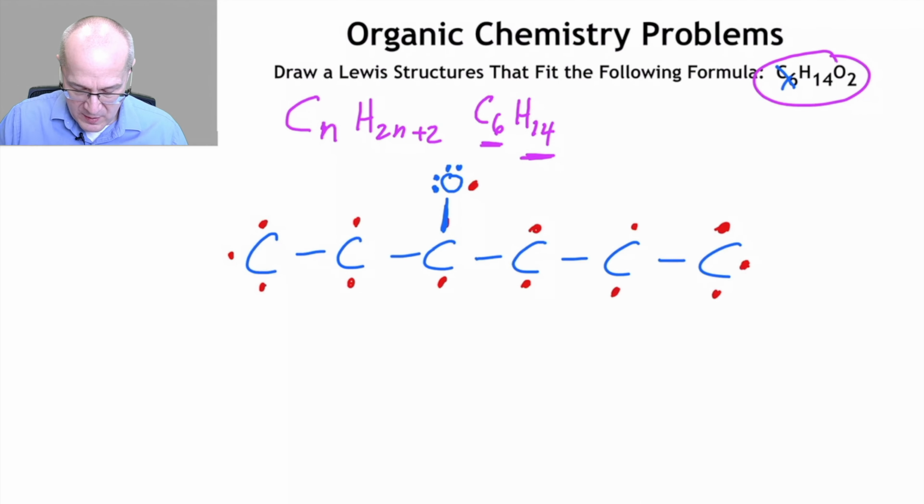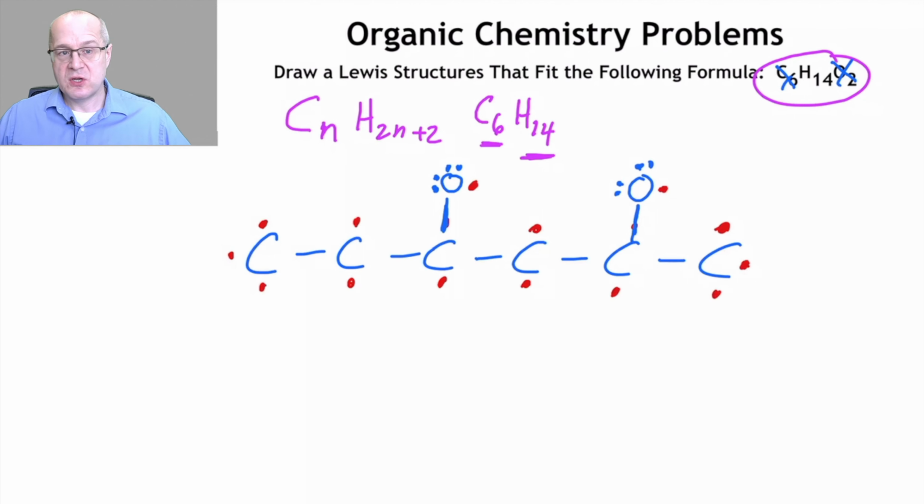Here we go. Let's put the other oxygen, I don't know, here. No reason why, just because it felt good. Put that as a red dot. There we go. So now I've used both oxygens. Now I only have hydrogens left.